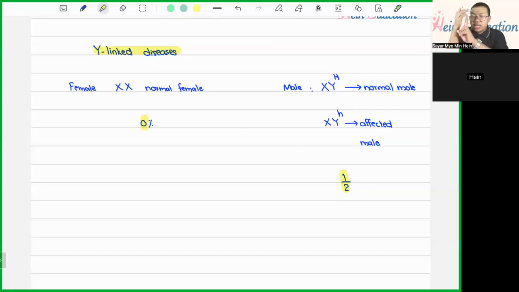Then we started off with a simple monohybrid calculation. Monohybrid means we are looking at one character only. After that, we looked at pedigrees, which are family trees, where we can identify whether a male or female is affected, look at their offspring, and from the offspring look at their parents.